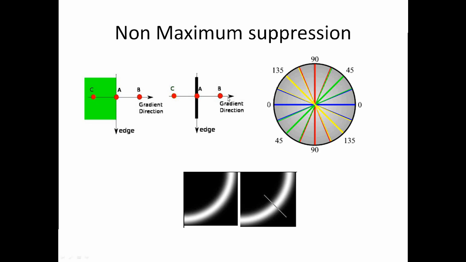So, if the angle of the gradient is in the blue region in the image on the right, then we compare the pixel intensities of the pixels above and below the pixel under consideration.